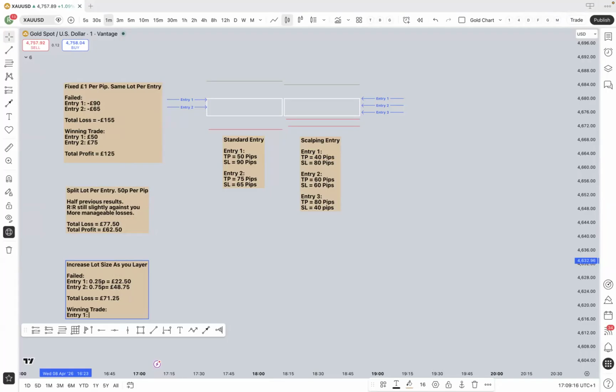Entry 1, again, we already know this is 0.25 for 25p equals. Now, the winning trade in this scenario would give you 50 pips, as we know, from entry 1, which will give you £12.50 winning position.